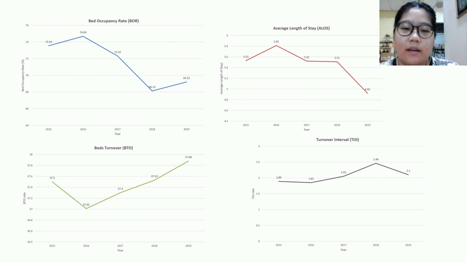For this slide, this is the graph that I collected from the official portal of University of Malaya Medical Center. It has bed occupancy rate, average length of stay, bed turnover and turnover interval data.